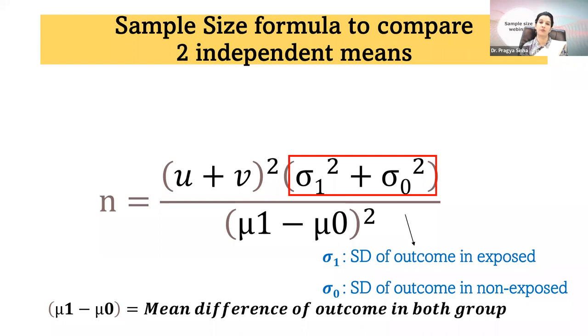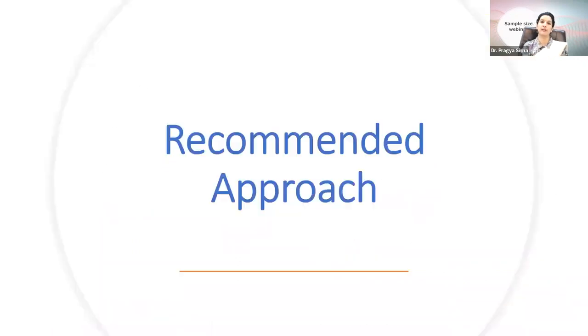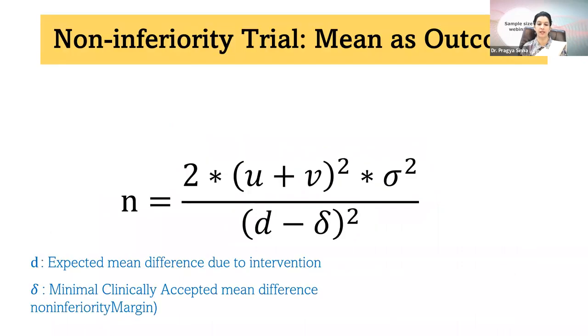So this is the formula if we use the equality option, but that option should not be used if we are doing a clinical trial sample size calculation, because there we set a clinical significance margin which is absent from this formula.